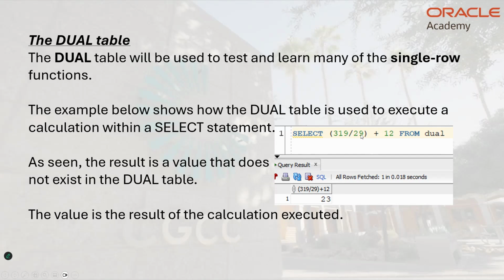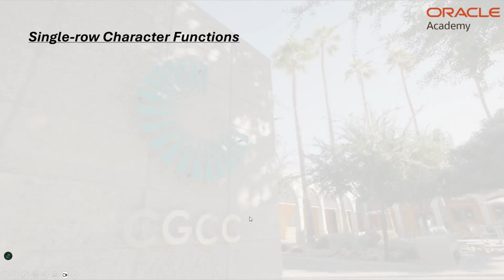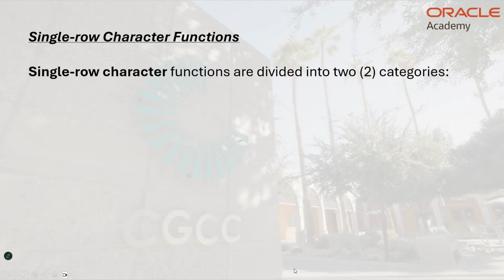So 319 divided by 29 is 11, and then plus 12 is 23. That's pretty straightforward, but you're not going to use it as a calculator. It just gives you an idea of what we can do with the dual table and not impact anything in our database. Does that make sense to everyone? So you'll see this select from dual.